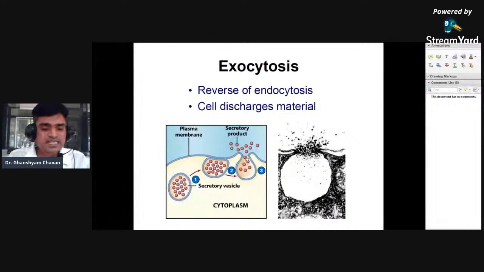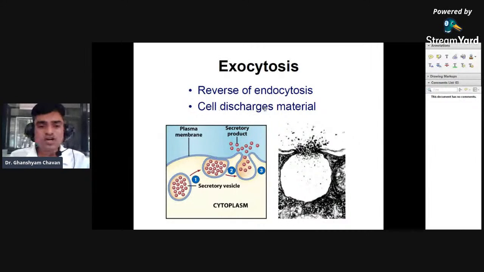After the opening of the cell membrane, the neurotransmitters go outside. The various chemicals go to their respective places. So in this fashion, the process of exocytosis will occur.